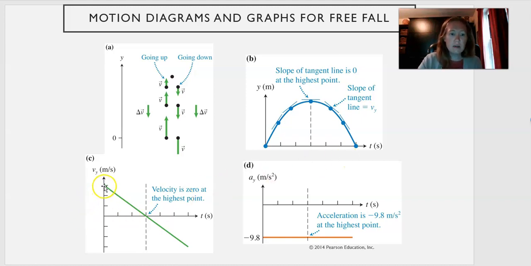For the velocity time graph, we have that object's instantaneous velocity when time began, when it left the person's hand. If I'm tossing something into the air, then when it leaves my hand, that's what we're talking about. That's time 0. And that's when I see it have all this velocity. Where did it get the velocity?